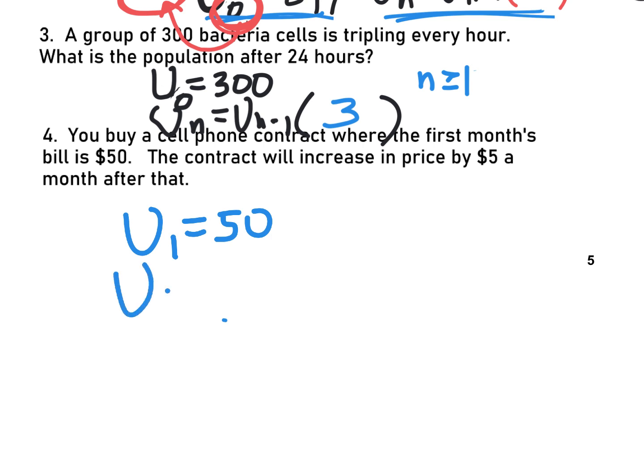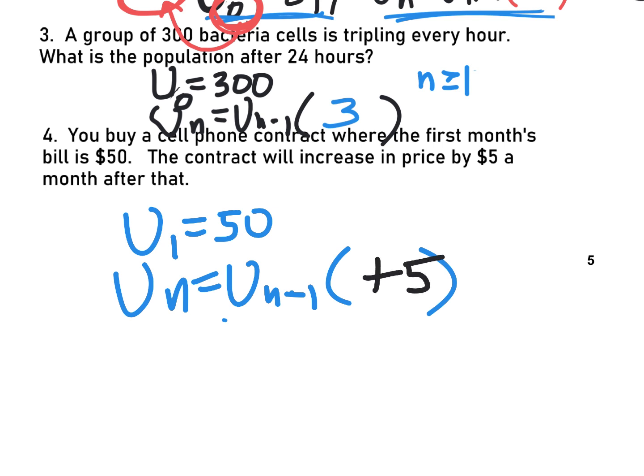Okay, UN equals UN minus 1 every time, all the time. Increase in price by 5. If you wrote this, and I'd cry a little bit, but I'd have to mark it wrong because you just said times it by 5. Those parentheses would mean times. So I can't have them there. But there, that's going up $5 each time.